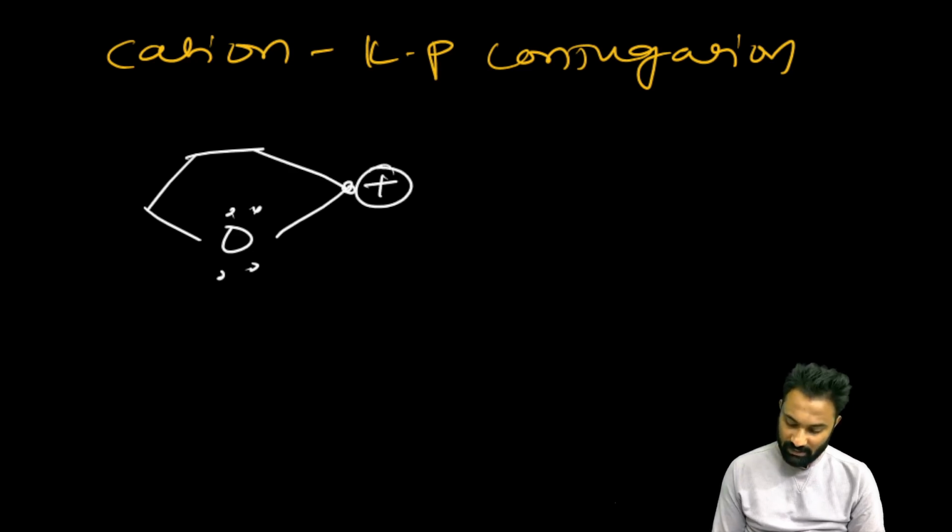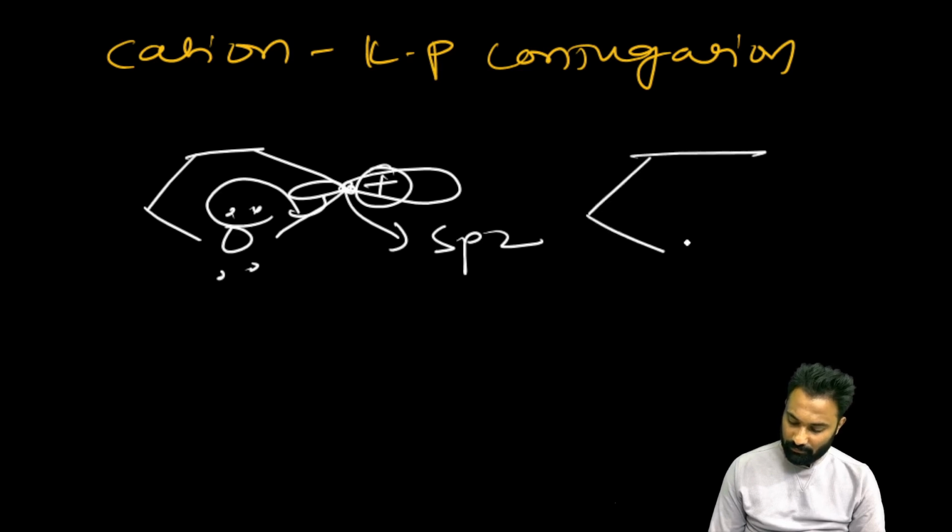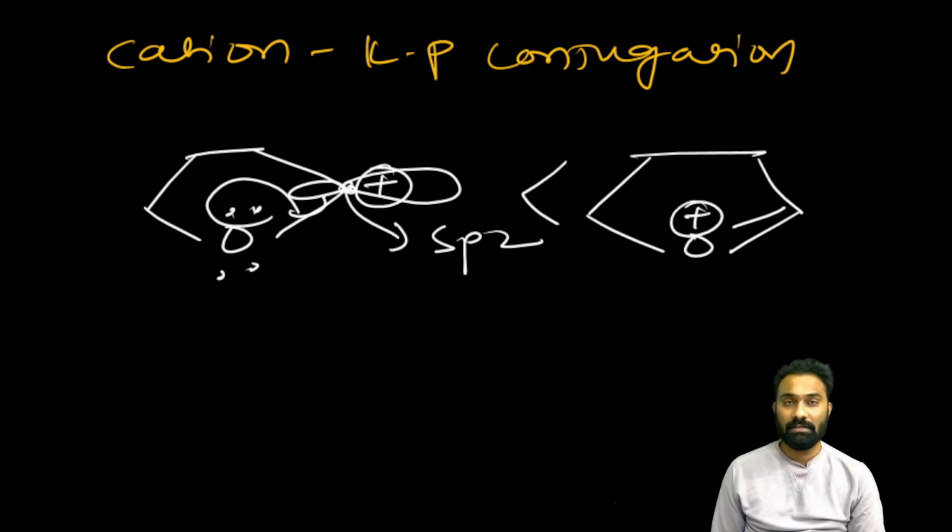Now this carbon is sp2. This vacant orbital and this lone pair of electrons are both parallel to each other. This oxygen lone pair of electrons will stabilize this carbocation very fast. So here this oxygen will get stabilized in this manner. Clear? It will get stabilized in this manner.